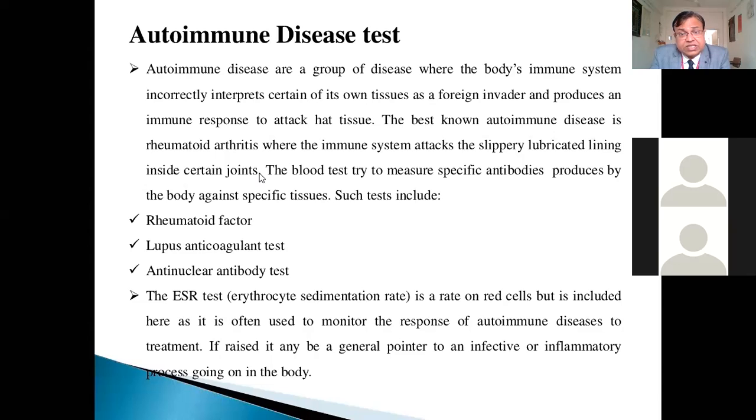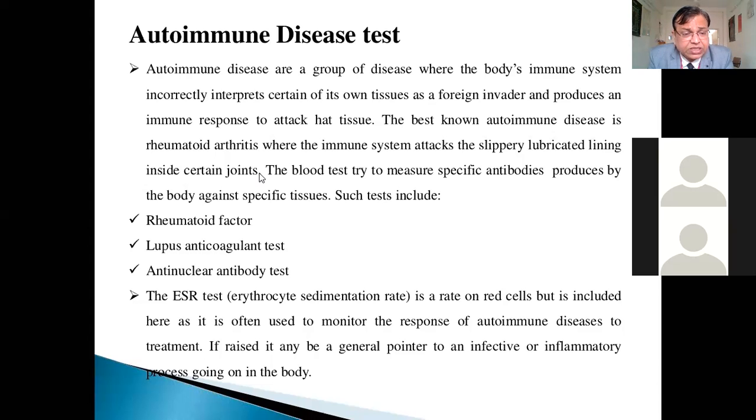The ESR test is the rate at which RBCs settle down, or RBC sedimentation rate. It is often used to monitor the response of autoimmune disease to treatment. If raised, it may be a general pointer to an infective or inflammatory process going on in the body.